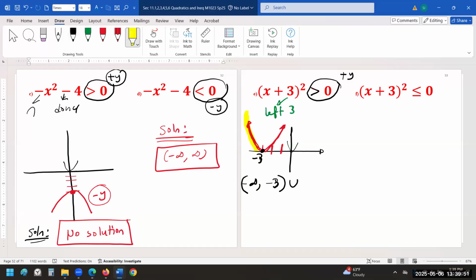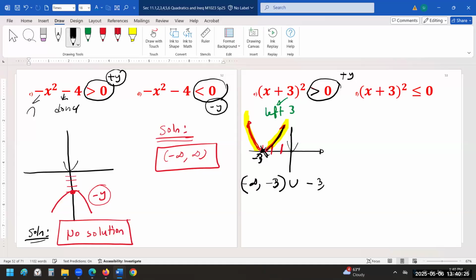And then we have another piece after negative 3. We cannot take negative 3 because it gives us 0 y. But we are not looking for 0 y, we are looking for strictly positive. So which x values give us the second piece? This right side. Starting from which x value? Negative 3. I thought you said negative infinity.